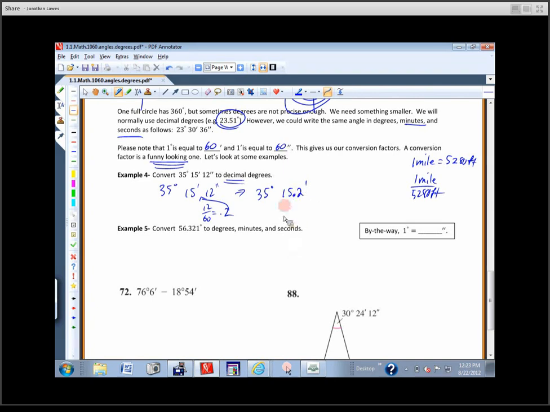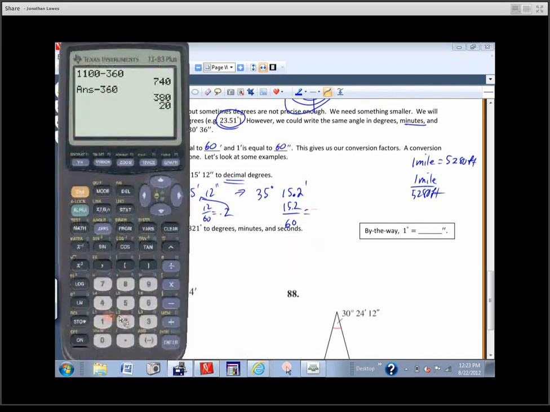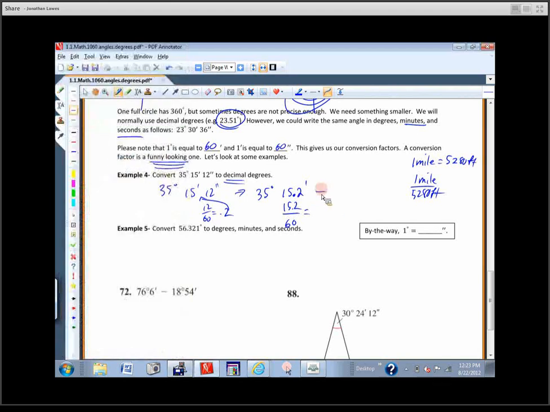So I'm going to take 15.2 and divide it by how many minutes in a degree? 60. Okay, grab your calculator. I want to do 15.2 divided by 60. And it says we're 0.25 with a 3 repeated. So that means we've got 35.253 repeating degrees. That's it.